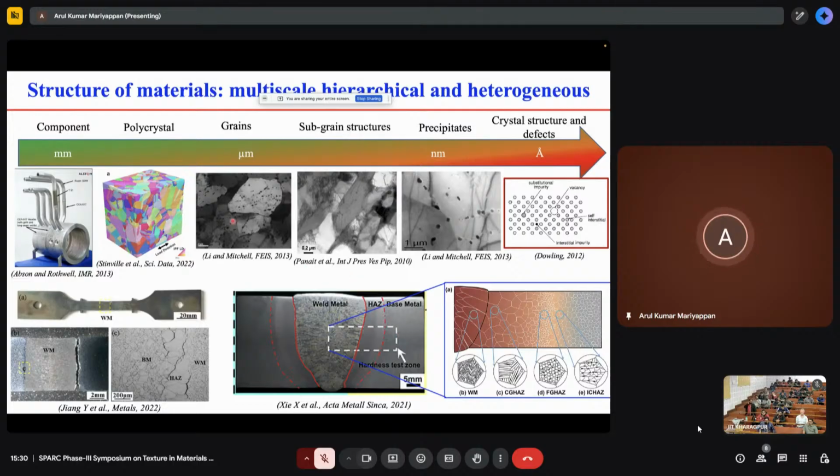So we have microstructural features starting from point defects like vacancies and interstitials, all the way up to nanometer scale precipitates, sub-mesoscale and microscale features, subgrain boundaries, and then grain boundaries, and so on. Unless we know how to account for these different microstructural features and how they affect the performance of the material, it's very difficult to capture the material behavior.